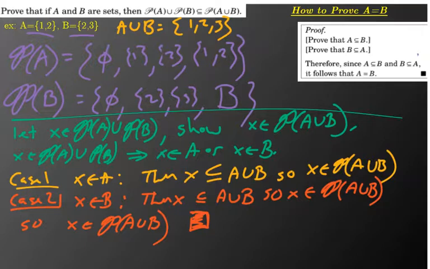If you want to show two sets are equal, you pick an arbitrary thing in A and show it pops up in B. Then to show B is contained in A, you pick an arbitrary thing in B and show it pops up in A. The only way A can be contained in B and B can be contained in A is if they're actually equal.